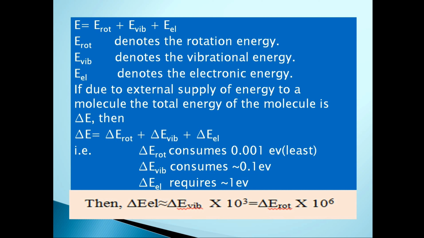Again, if we compare it to rotational energy, then delta E electronic is equal to delta E rotational times 10 to the power 6. That is, delta E electronic is 10 to the power 6 times the energy required for rotation in the molecule.